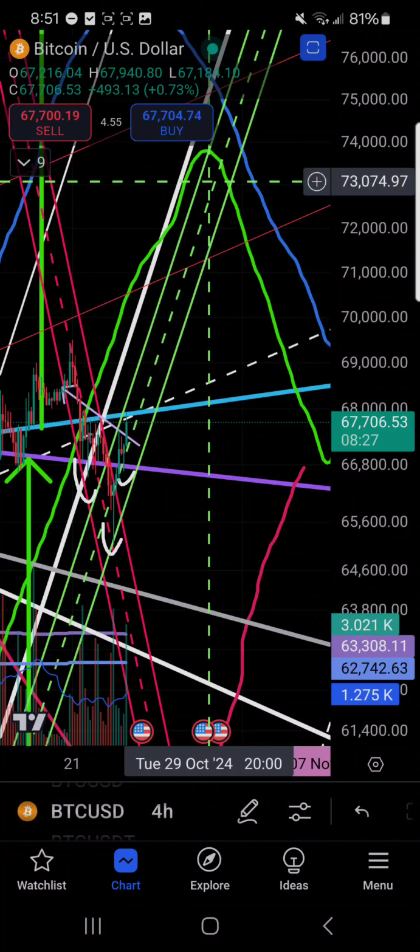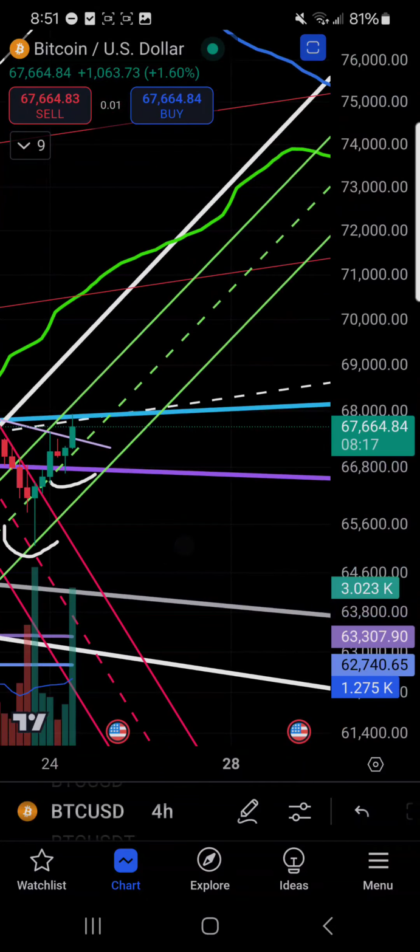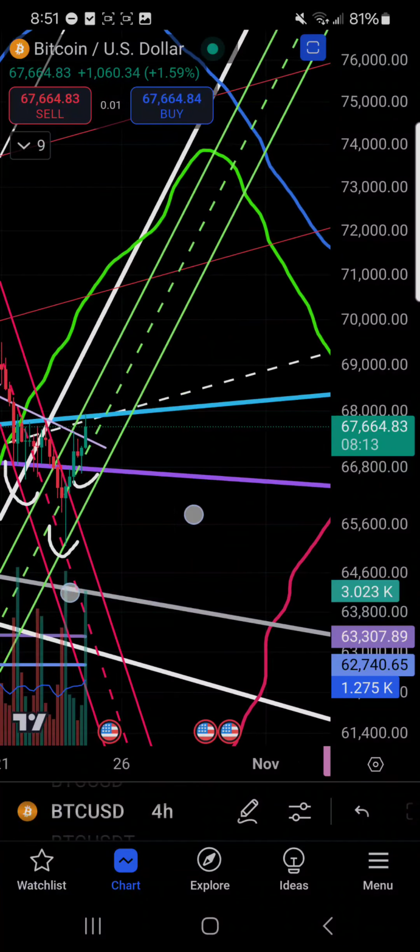Now, where do we head up to? Do we just head back up to 69K as that target predicted from this inverse head and shoulders? Possibly. And then head back down.